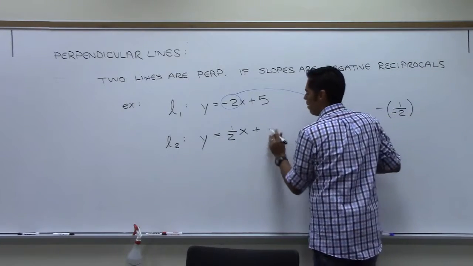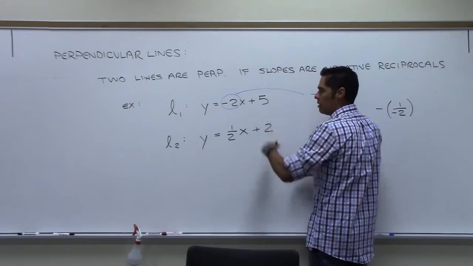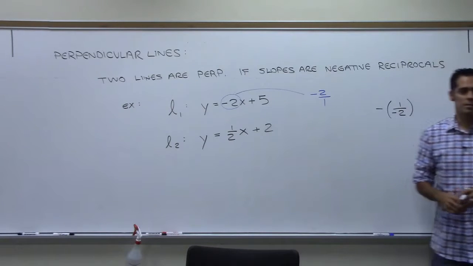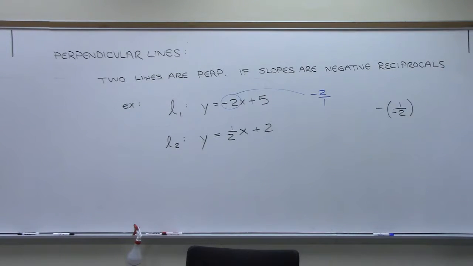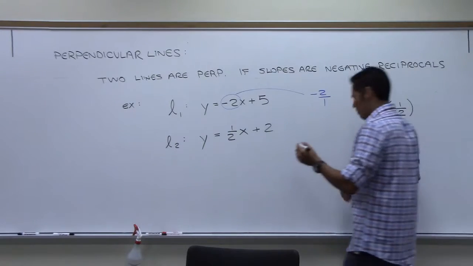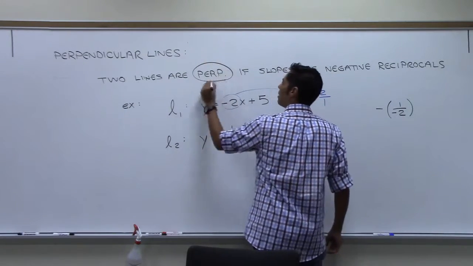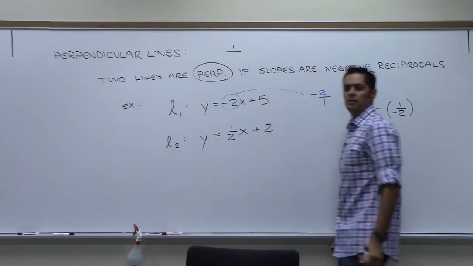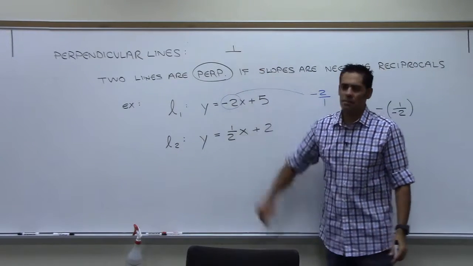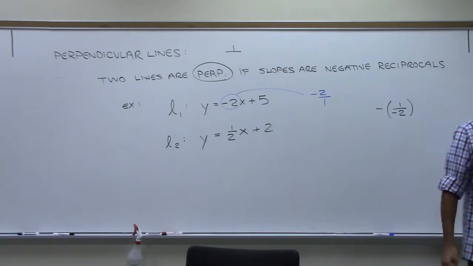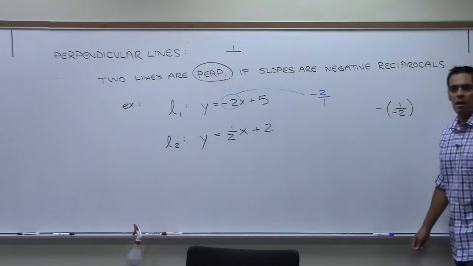But it doesn't matter what number is here. These are still going to be perpendicular lines. Understand? Any questions? Okay, so the shorthand notation for perpendicular is this thing right here. It's almost like an upside down T. That's the notation we like to use to say two lines are perpendicular.